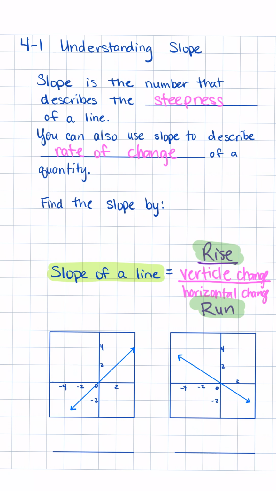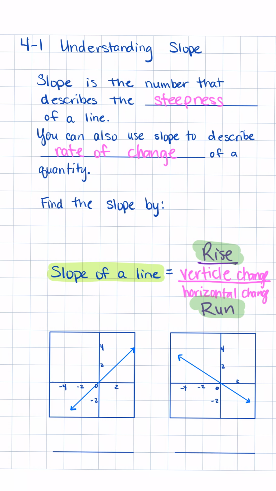Okay. So slope describes the steepness of lines in the coordinate plane. You can find the slope of a line by subtracting the coordinates of 2 points on the line. So when I said the vertical change, the vertical is y.